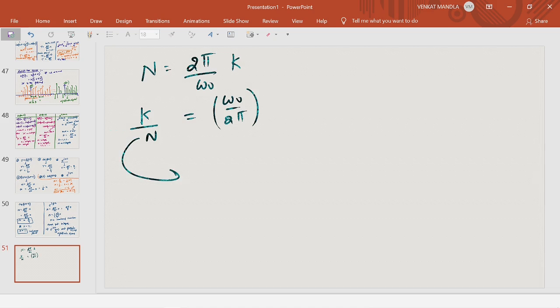This k by n ratio must be rational, otherwise we won't get n as an integer.